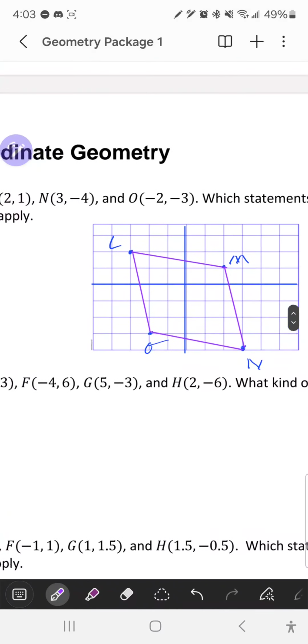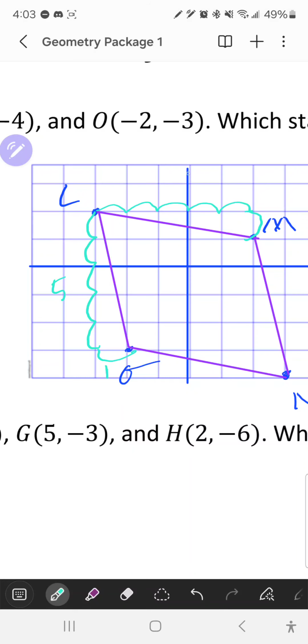So first, let's see if the sides are equal. If we do this, I'm going to count: 1, 2, 3, 4, 5. This is 5. And this is 1. Now here, 1, 2, 3, 4, 5, and 1.